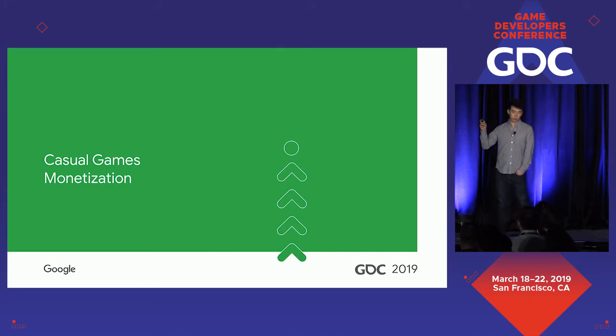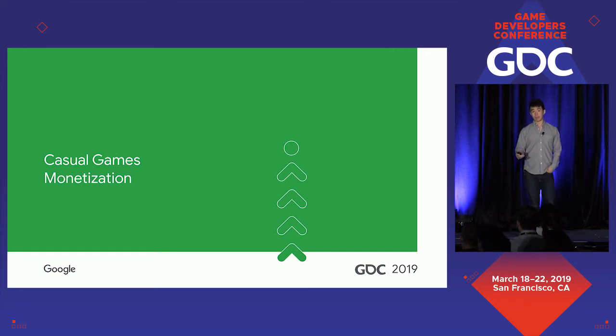So when we think about casual game monetization, there's a couple of key differences that we like to keep in mind. The first one that's pretty obvious is that casual games typically have simpler game mechanics, right? And what that means is that it's just more accessible to a broader base of players. You're going to have higher DAU when it comes to casual games most of the time.